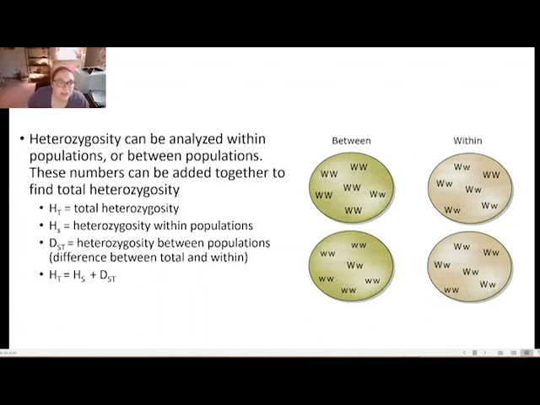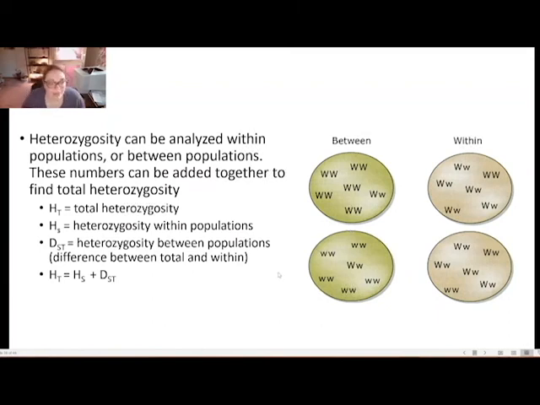So total will be HT, heterozygosity within is HS, and DST is the difference between total and within, which is your heterozygosity between populations. So within means what's your heterozygosity within this one population. Between would be if we average this one and average this one, what's happening between them that's different.